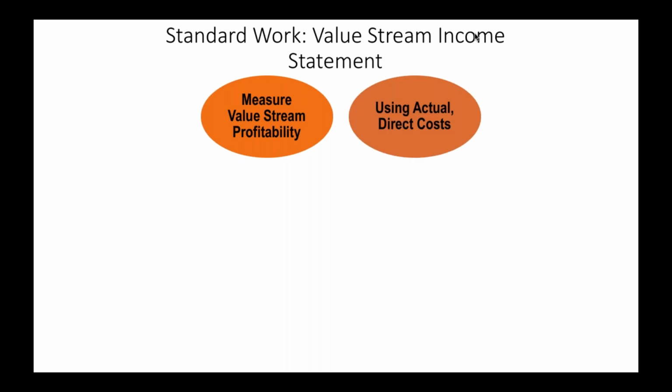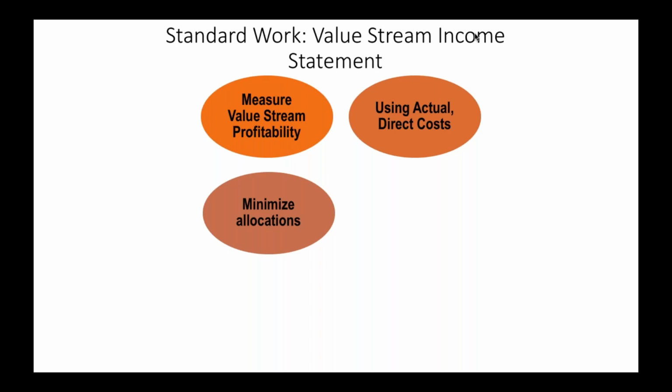Secondly, we want to use actual direct costs. These are the actual direct costs that are incurred by the value stream in the period being reported. We want to minimize allocations. Allocations are subjective. They're not always accurate. And again, we'd like to eliminate all allocations.